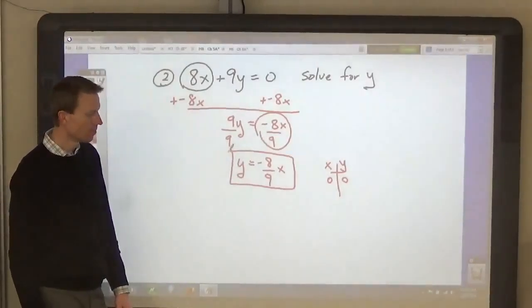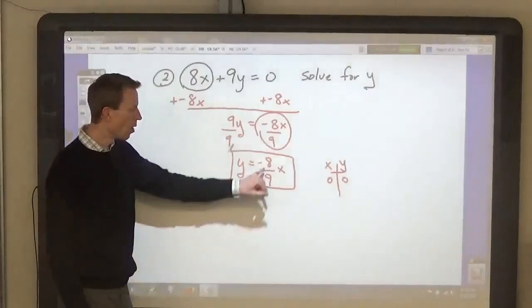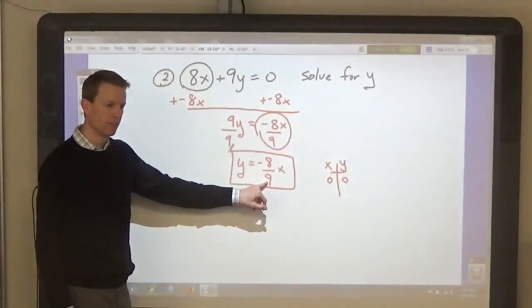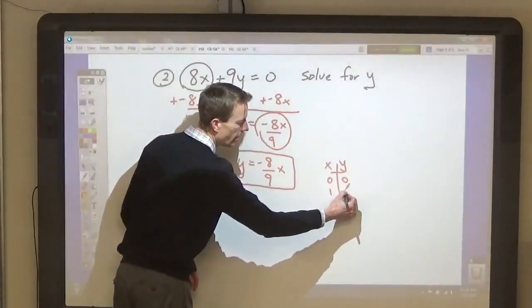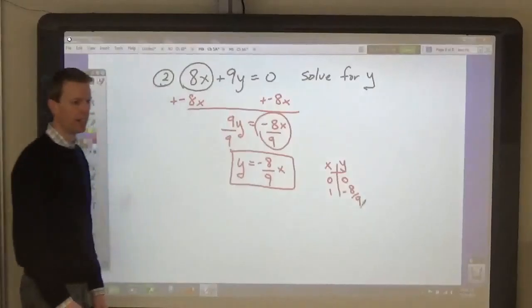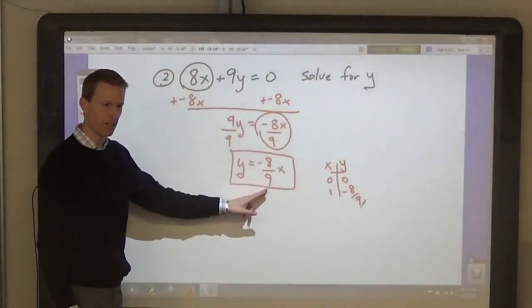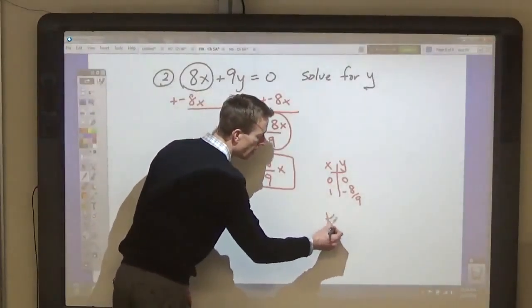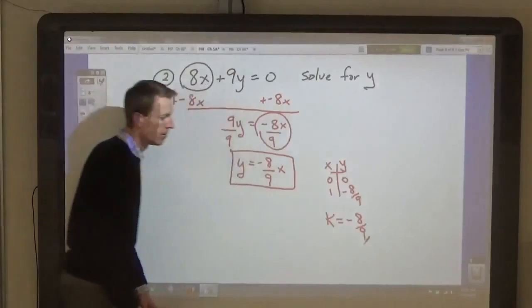Does that mean that if x is 1, y is 1? No. What's 1 times negative 8 ninths? If x is 1, then y is negative 8 ninths. That's the constant of variation, isn't it? So k is equal to negative 8 over 9.